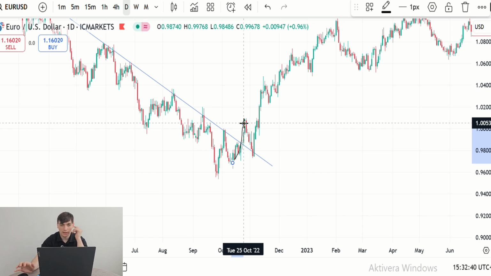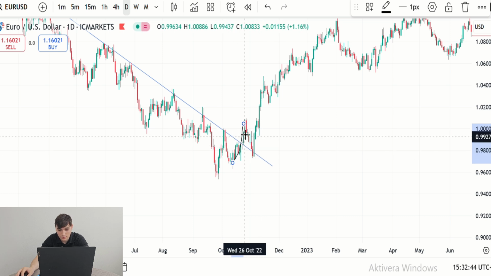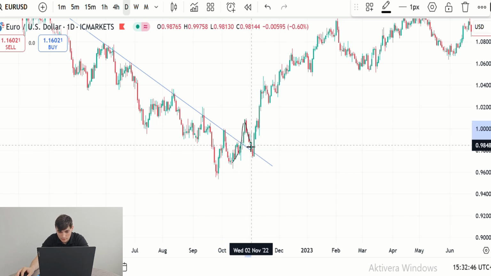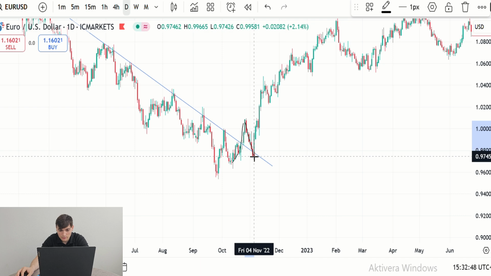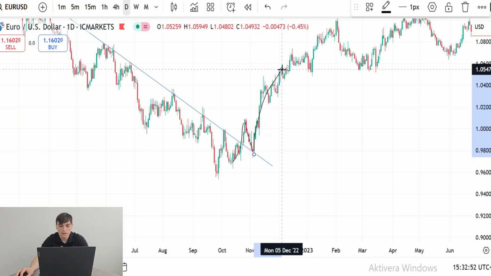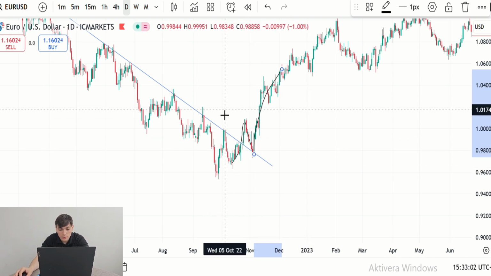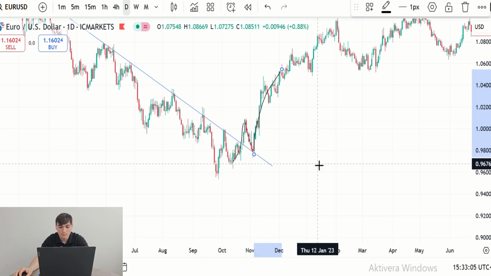If you want to enter and confirm the breakout, you want to see a retest of the trend line, which happened right here. Price goes down, it retests the trend line, and then goes up. This is a clear breakout. And that's also why we use trend lines, because we want to see when the trend is going to change, when the market is going to shift. This was actually a really good example.